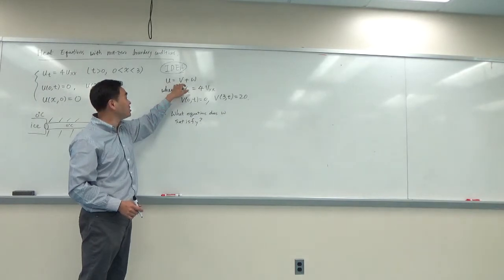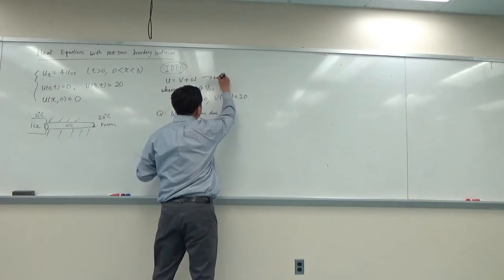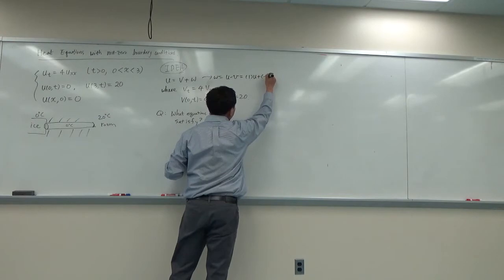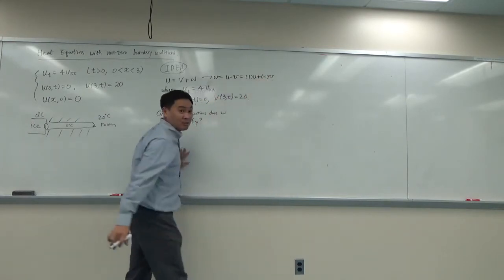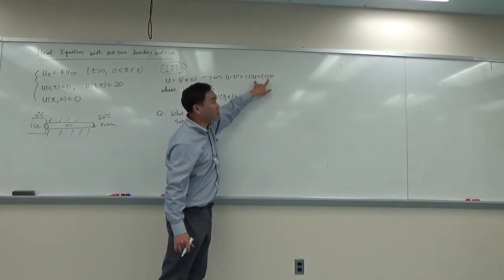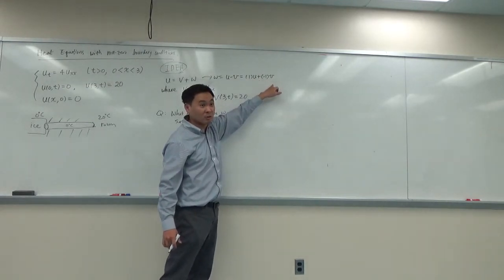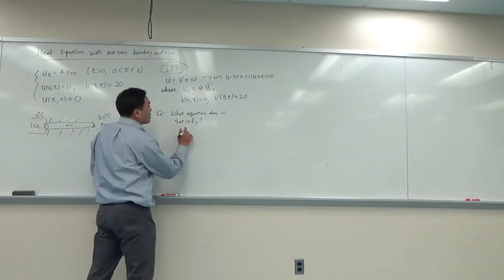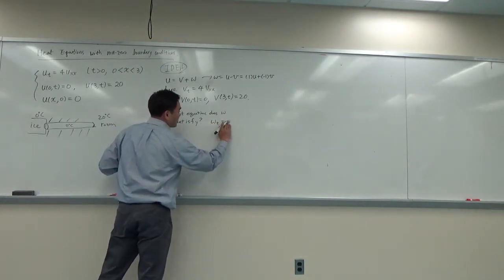U minus V is a linear combination of U and V. W is equal to U minus V, and that's 1 times U plus negative 1 times V. So it is indeed something times U plus something times V. And we know that if two functions satisfy the heat equation, their linear combination satisfies the heat equation as well. Right? You're getting this? Okay. All right. So we know that W_t is equal to W_xx.